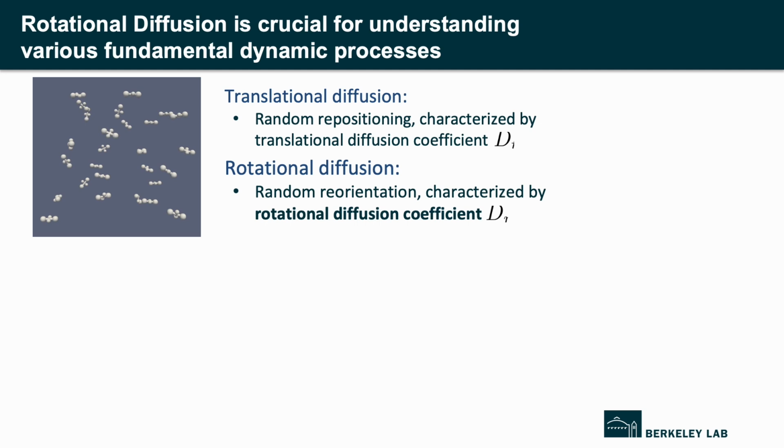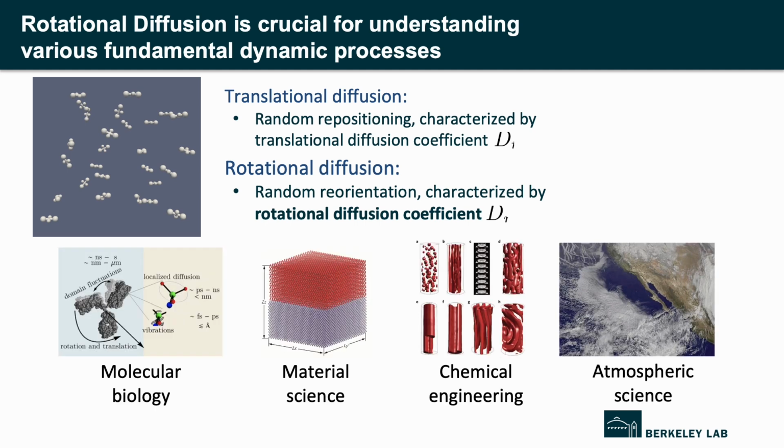So the diffusion process is very fundamental in many research fields. It attracts the attention of a lot of researchers. For example, in molecular biology, it actually affects how proteins or enzymes perform their function in our body. And in material science, knowledge about the diffusion process of these particles can tell us valuable information about the materials' properties, so that we can design more advanced nanomaterials.